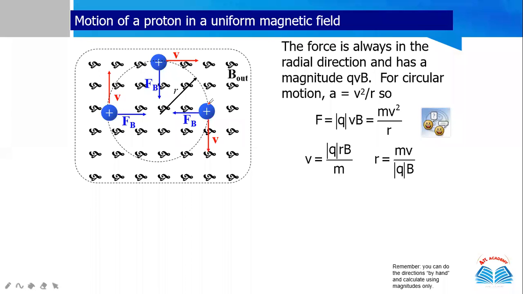The force will always be there. If the protons are moving with velocity v, then the force will be in the inward direction to the center. Again one conventional circle they will make, like electrons. If the magnetic field direction is the same, then we'll get the same type of circular path.